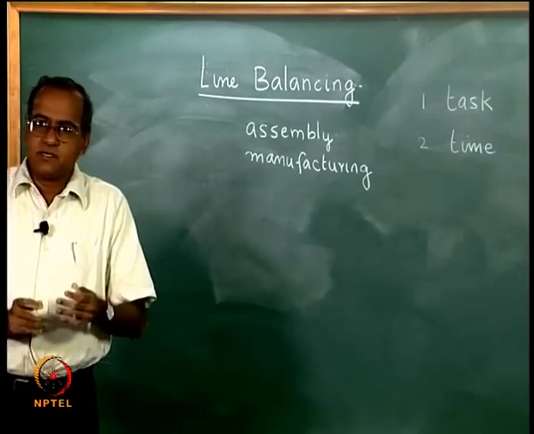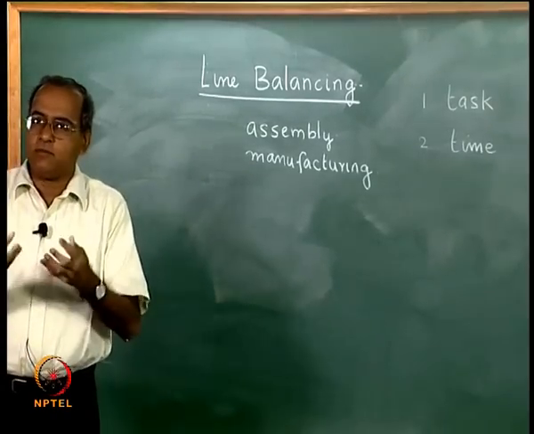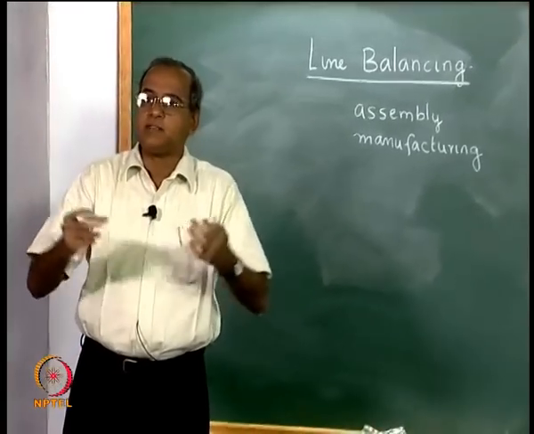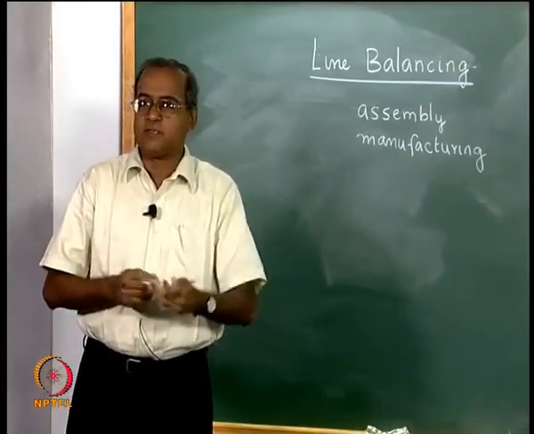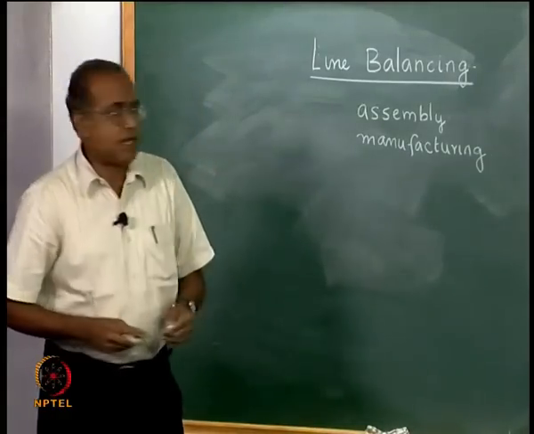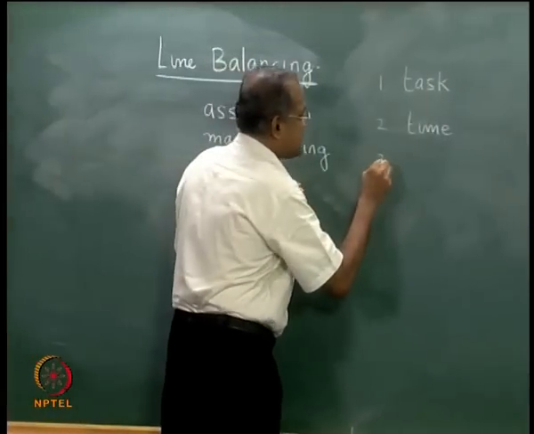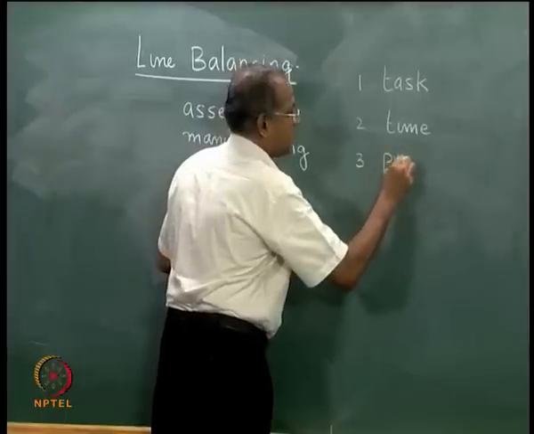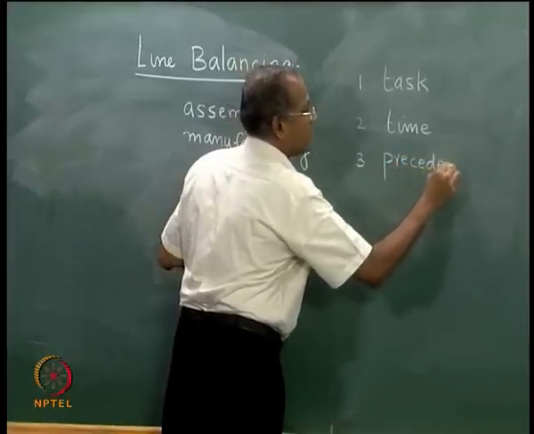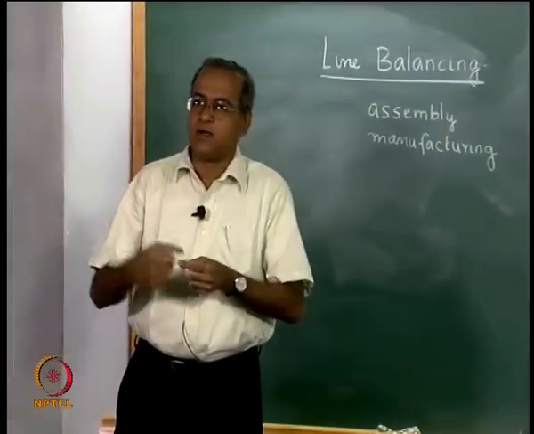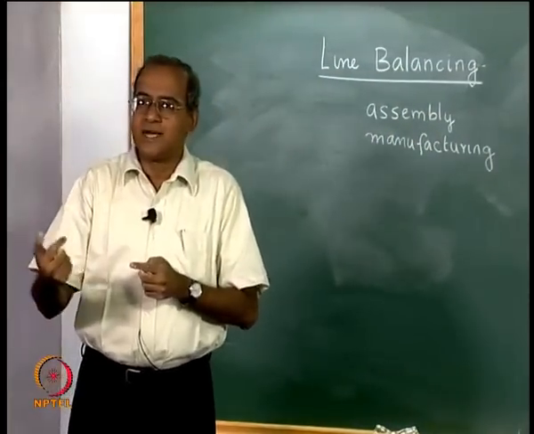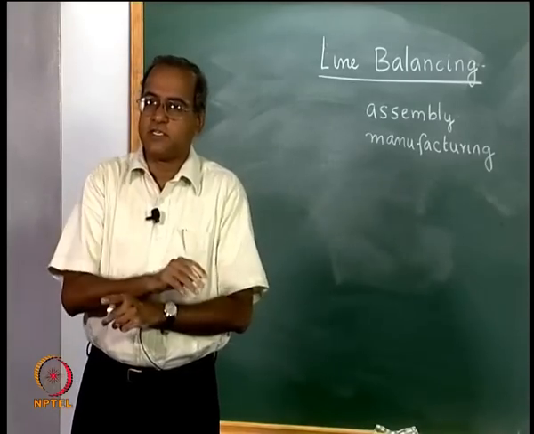Now, many times if there are 10 or 12 parts and sub assemblies that go to the assembly, there has to be an order in which these have to be assembled. Therefore, there are precedence relationships which may say that I cannot do task 3 unless I finish task 2.